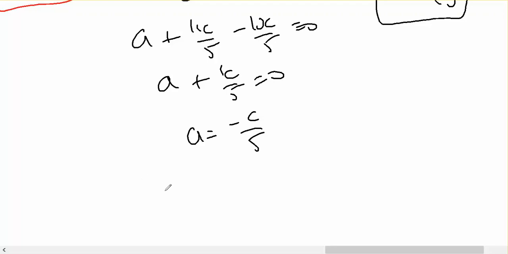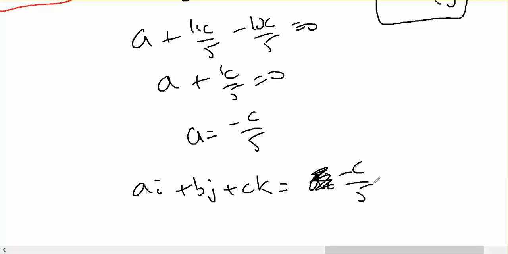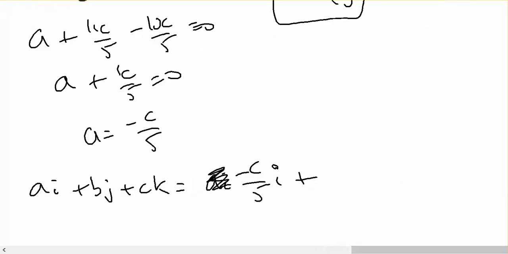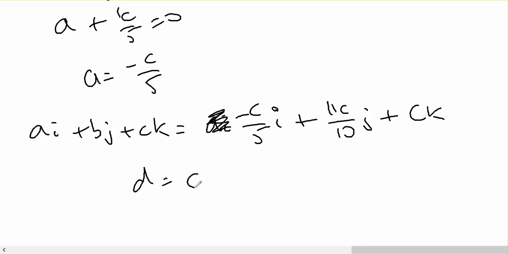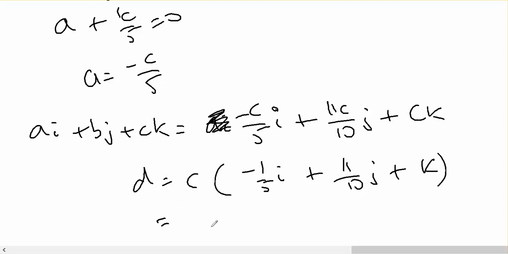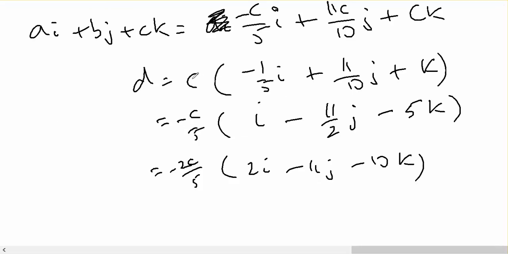Therefore, I can say that my expression A in the I plus B in the J plus C in the K equals A in the I, A is minus C on 5 in the I plus B, and B is 11C on 10 in the J plus C in the K. Therefore, expression for D is C times minus 1/5 in the I plus 11/10 in the J plus K. Or if I take out the C, then I take out the negative 1/5, then I take out the negative 2.